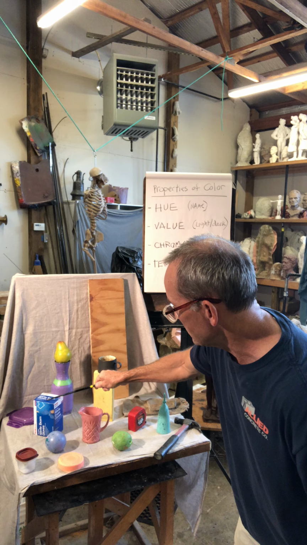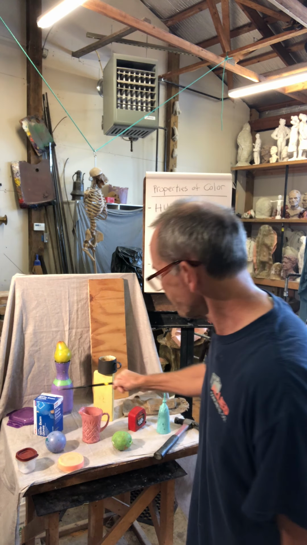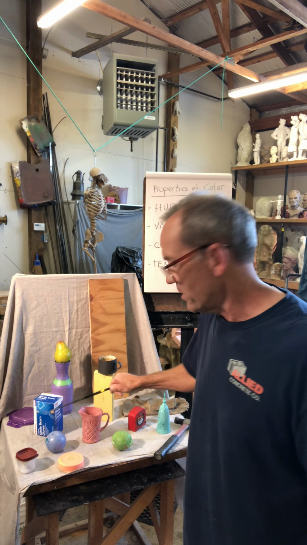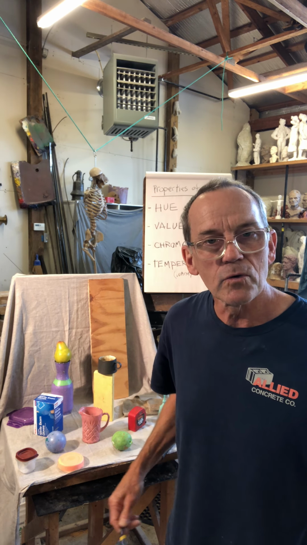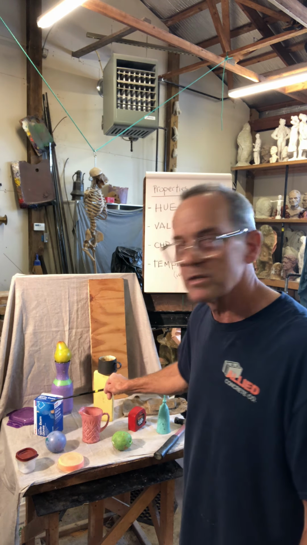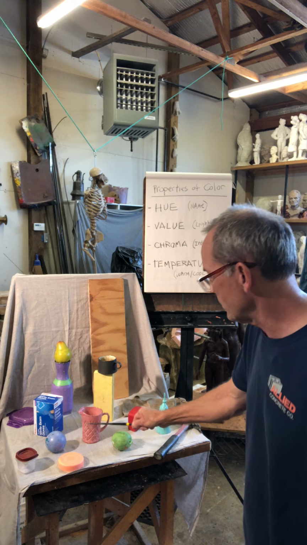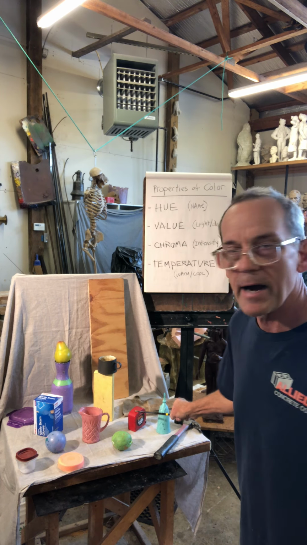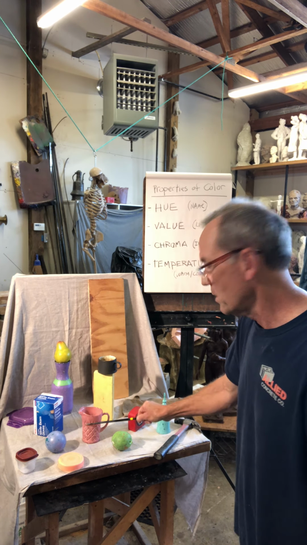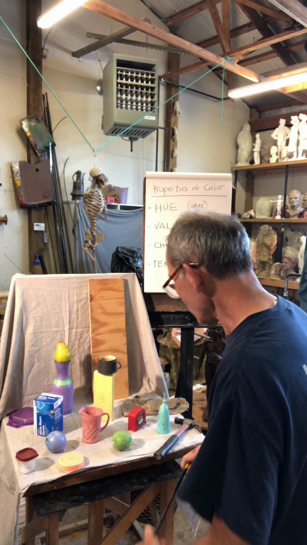So again, if you go back to this blue here, if I look at this blue and this blue, same hue, darker value up here, lighter value. In terms of chroma, we'd say this is higher chroma, this is lower chroma. So this is more intense. This blue is a little bit more washed out. Similarly with this red, we'd say this is a higher chroma, this is lower chroma, because this color seems more intense.